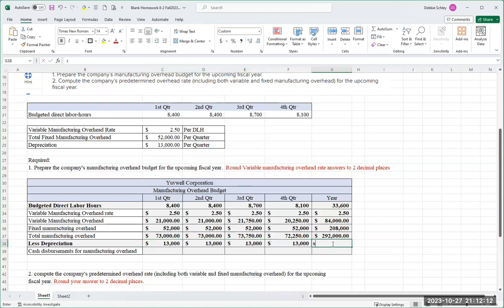And then again, that is going to be equals sum of those four numbers. Enter. Okay. So now the cash disbursements, and right here, it's less depreciation. That's what goes in that line right there. Cash disbursements for manufacturing overhead will just be total manufacturing overhead minus depreciation.